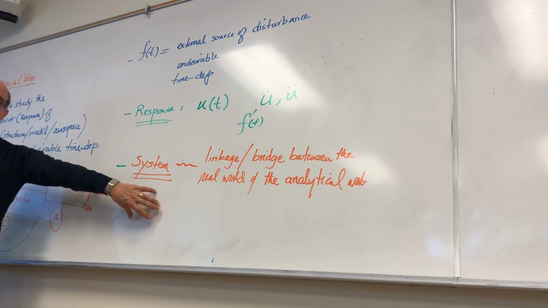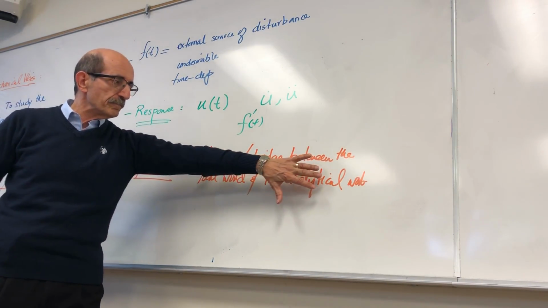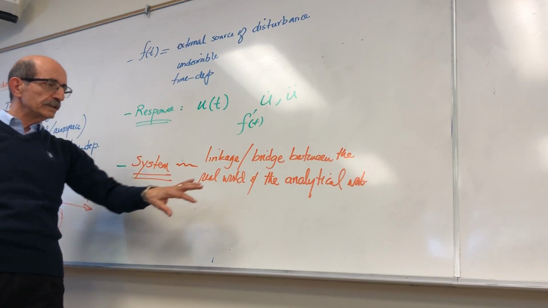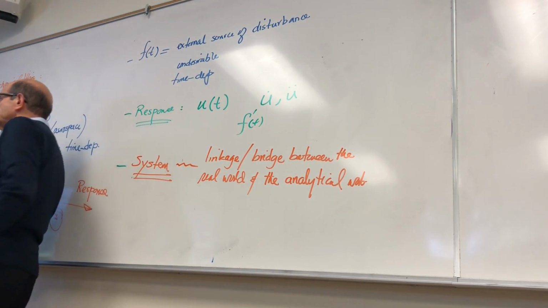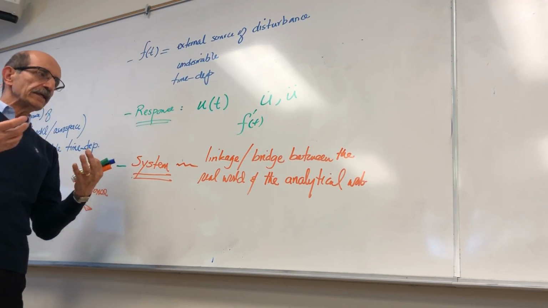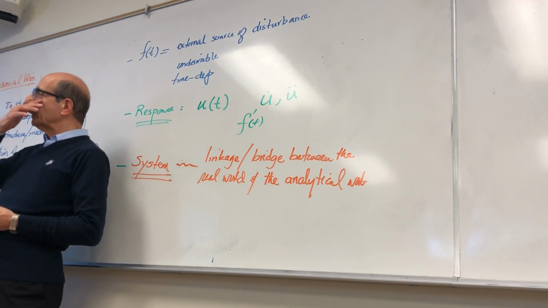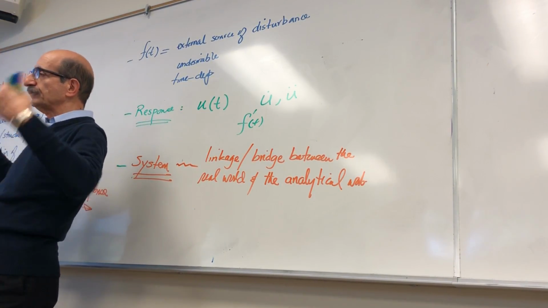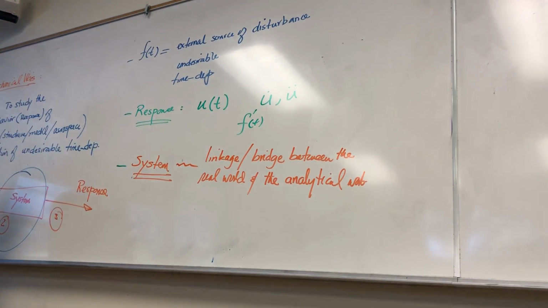So what is a system? I said the system is a sort of bridge between the real world and the analytical world. What does that mean? If you have a structure that a force or environmental effects act on, what happens?